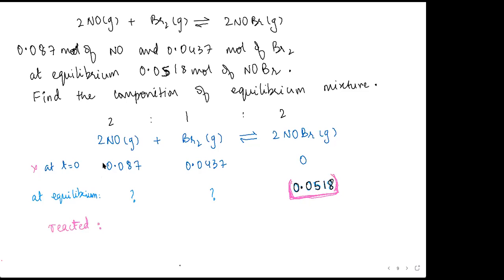This is the initial. See, initially you took 0.087. Out of this, some NO reacted. That's what we don't know, how much has reacted. That's what we have to find out. But you know that after some time, you got this much of NOBr. It means that out of 0.087, how much has reacted?